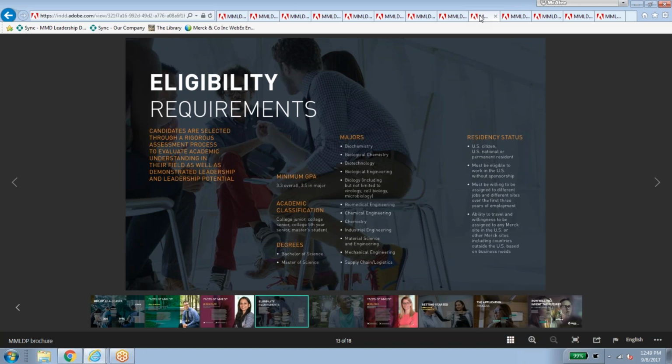So as an entry-level program, we seek both bachelor's and master's degrees, and you'll see the list of majors. They are mostly focused on STEM, engineering, as well as supply chain. And then from a residency status perspective, it's important that you are a U.S. citizen, a U.S. national, or a permanent resident, so that you are eligible to work in the U.S. without sponsorship.